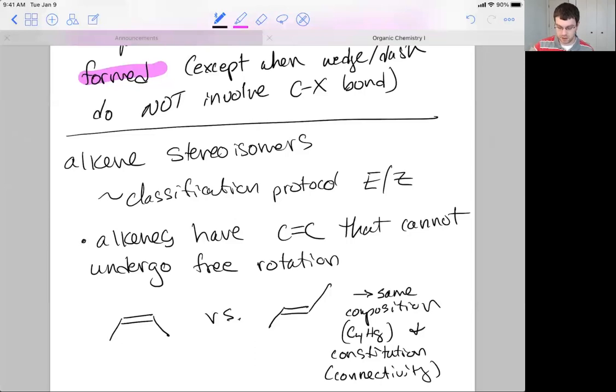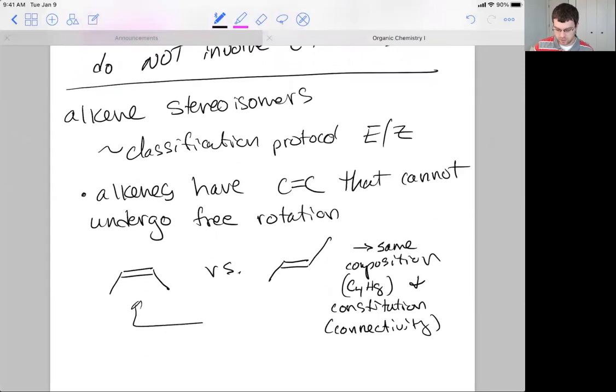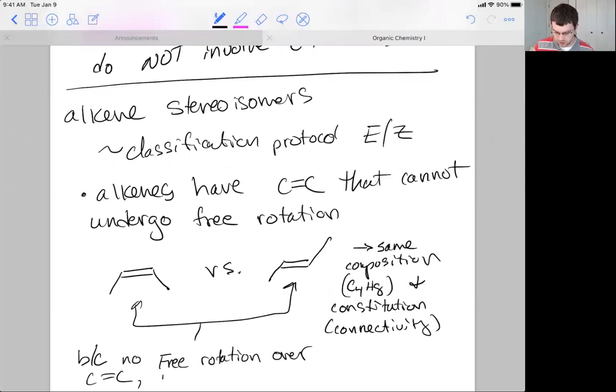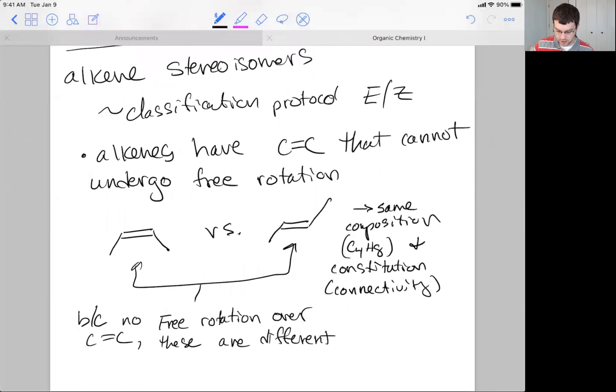But these are different structures, and that's because there's no free rotation over carbon-carbon double bonds. There's no way we can do free rotation to achieve structures that are superimposable. They are different in their orientation in 3 dimensions.